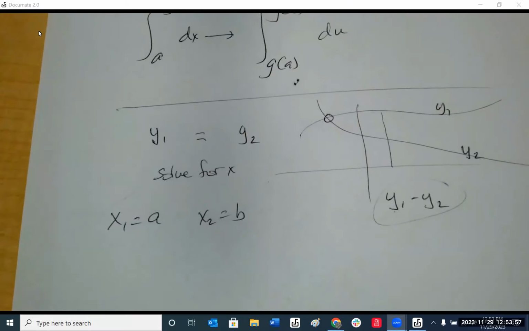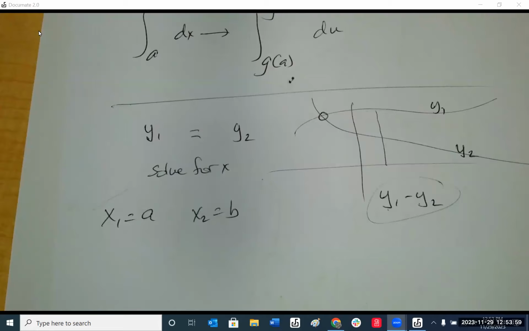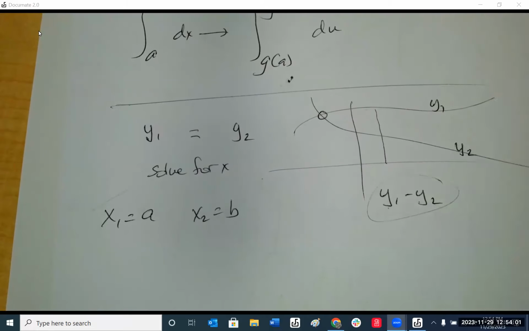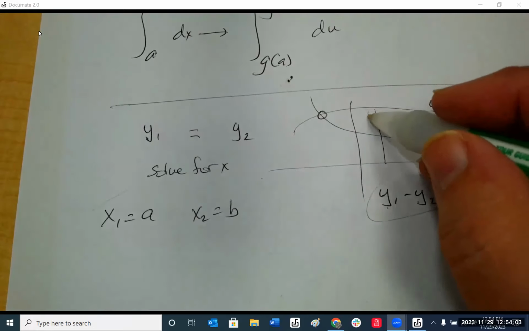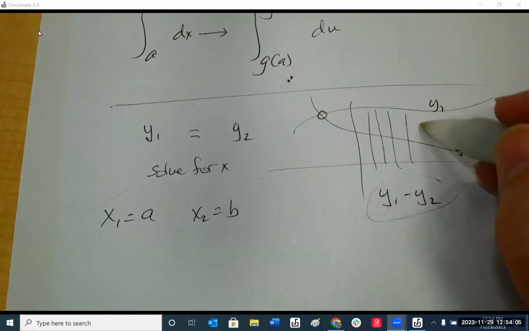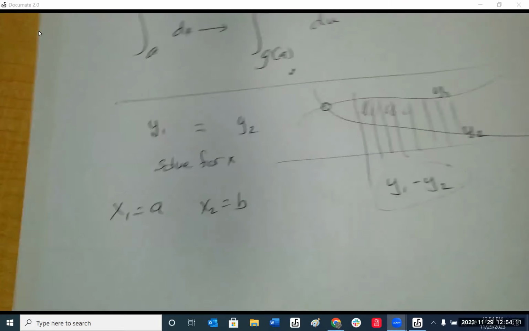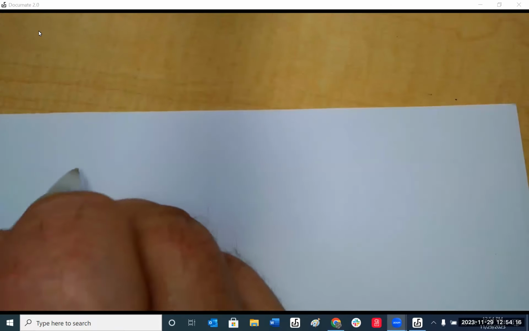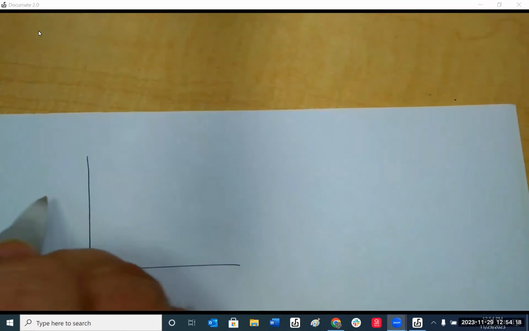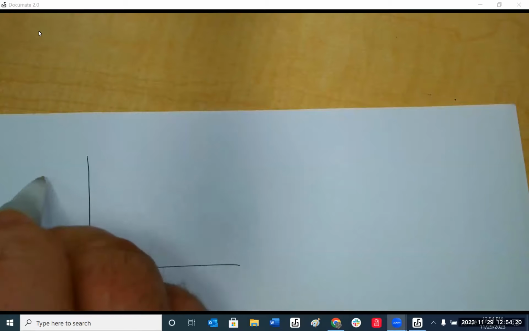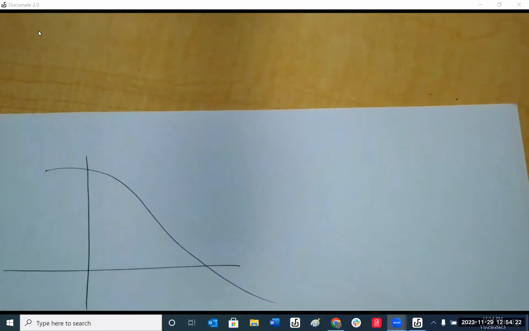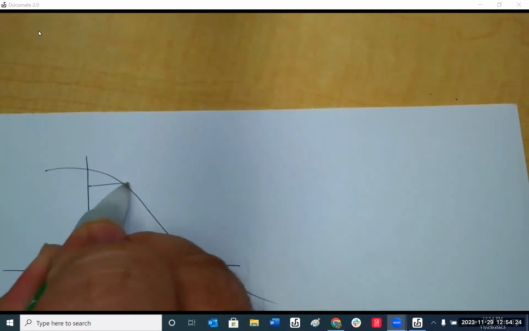Now we're going to flip the world on its side. Remember, if we're looking at the Riemann sums, we're adding up all these little slivers, this one and this one. What if, instead of this way, we want to go this way now?